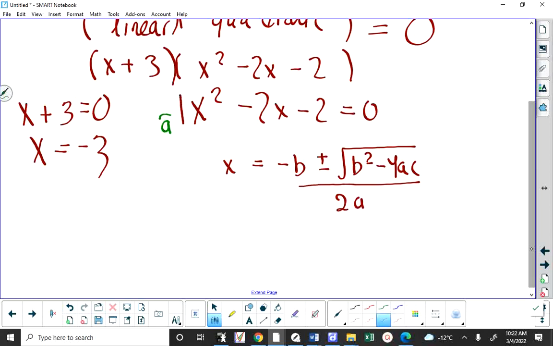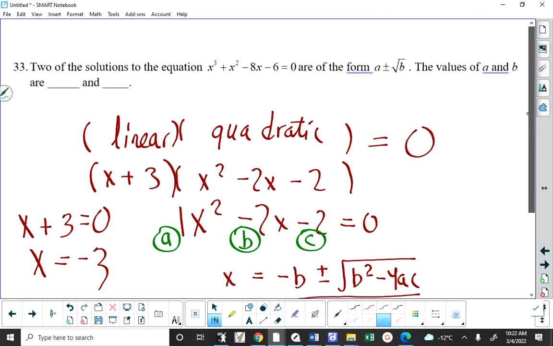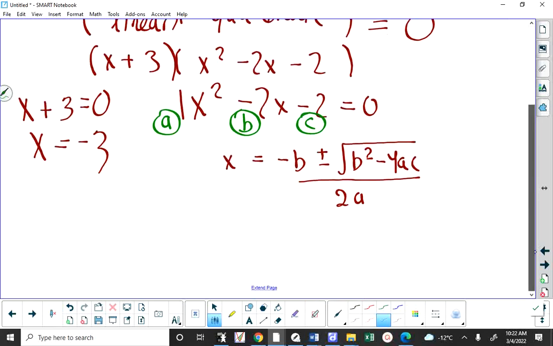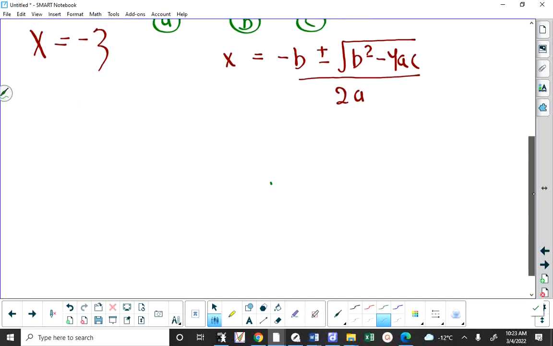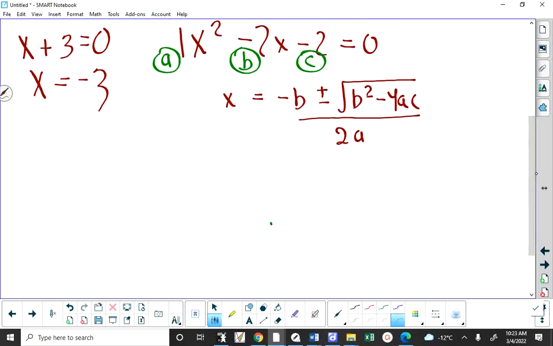So a is 1, b is negative 2, c is negative 2. And again, going back to Ian's question, the a and the b in the question here are not the a and the b I'm talking about in the quadratic formula, right? So I put all of the numbers in, and I get x is equal to negative b.